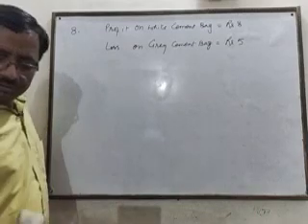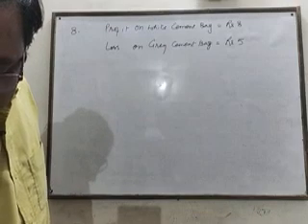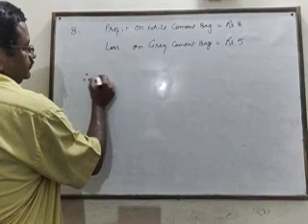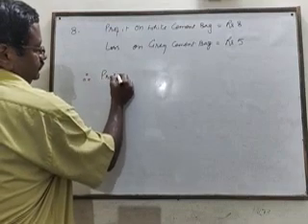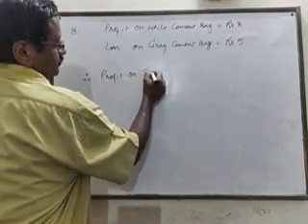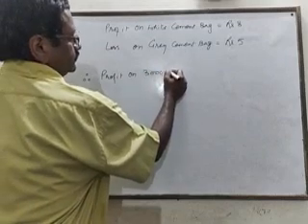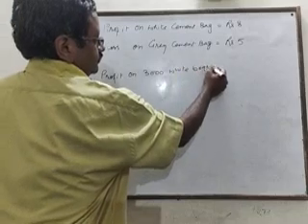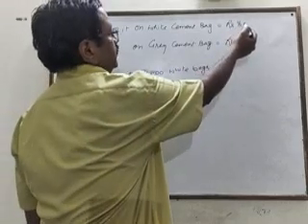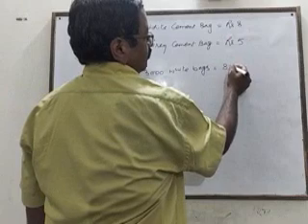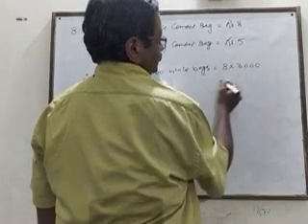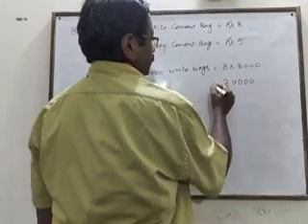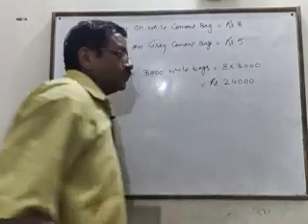So profit on 3,000 white bags will be 8 multiply 3,000, it will be 24,000 rupees.